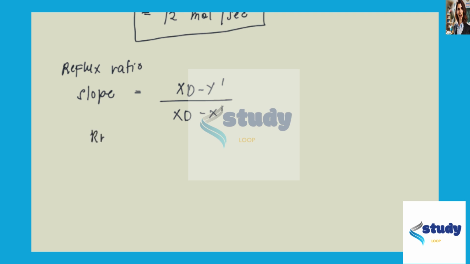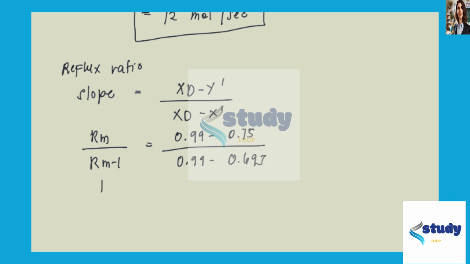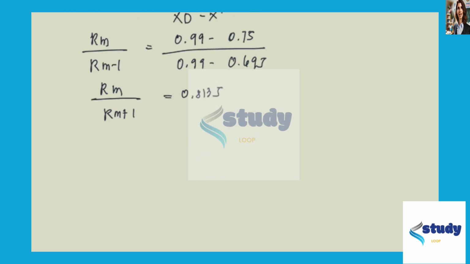So Rm over Rm plus 1 is 0.99 minus 0.75 over 0.99 minus 0.695, which is 0.8135. So our Rm is equal to 4.36.